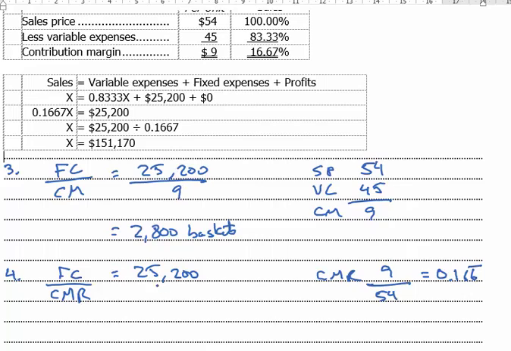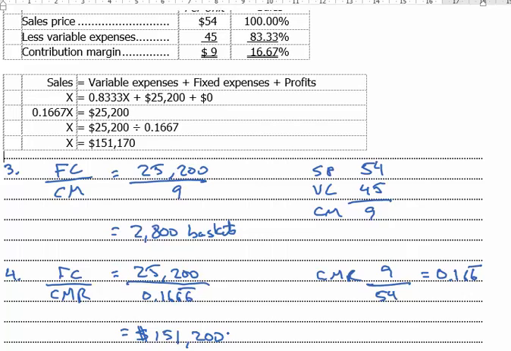Okay, so 25,200 divided by 0.1666 and so on gives us $151,200 as the answer.